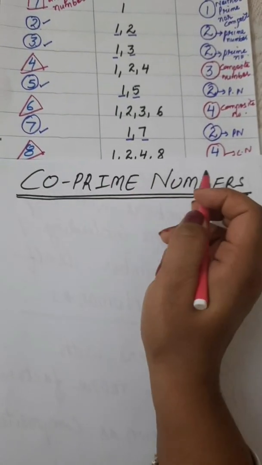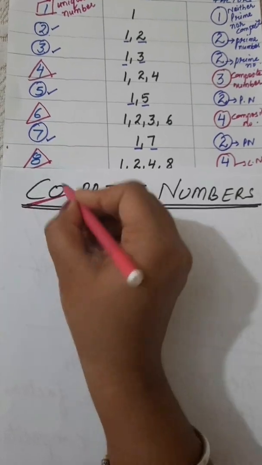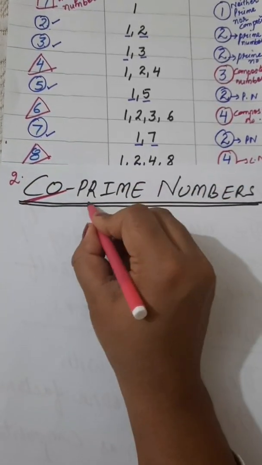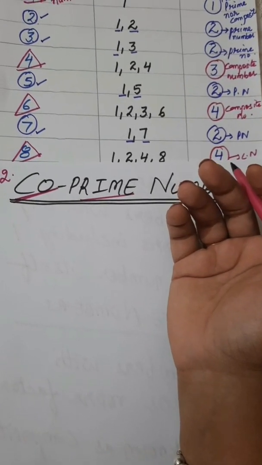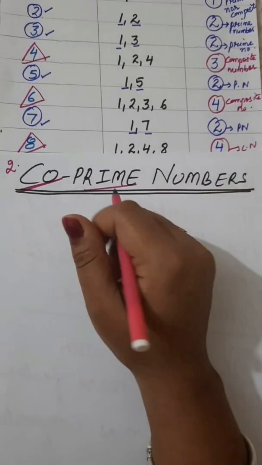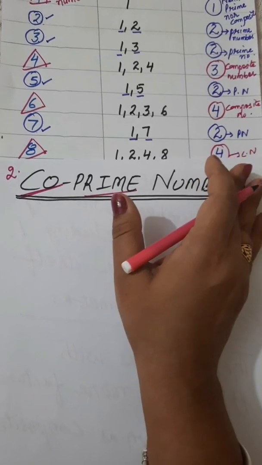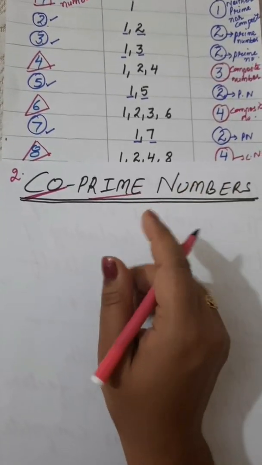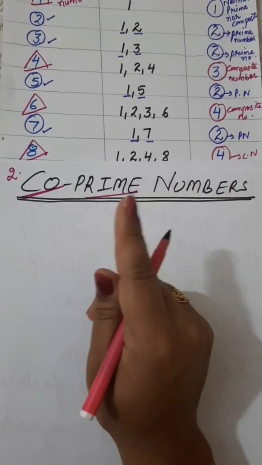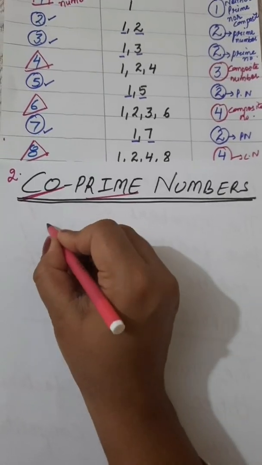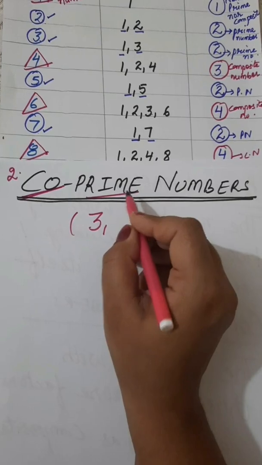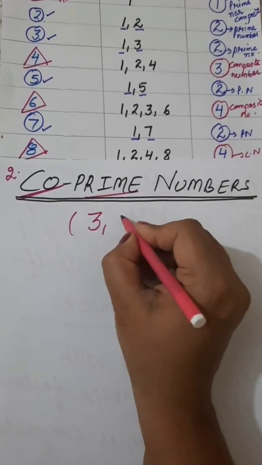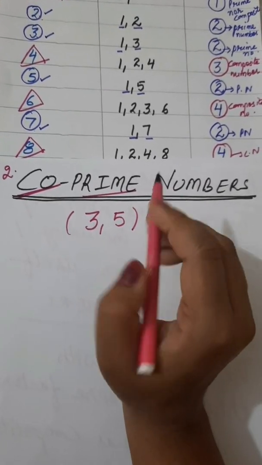Next we have co-prime numbers. Here co indicates 2. And prime numbers, we know, are the numbers which have only 2 factors including 1 and the number itself. So co-prime numbers are the numbers which have only one common factor, only 1 as the common factor. Suppose I have an example of 3, because here prime numbers are written, so I will take only prime numbers. Here 3 is a prime number and 5 is a prime number.